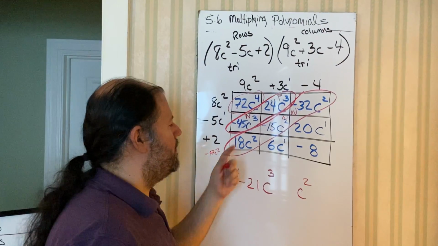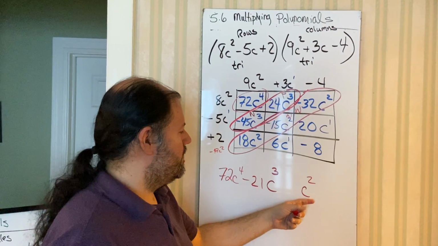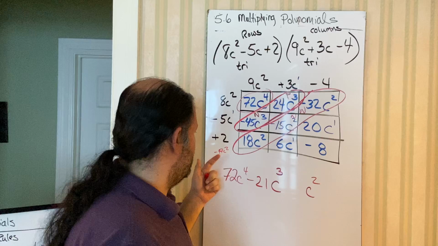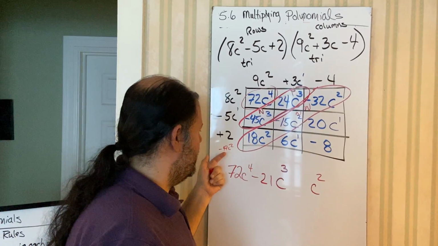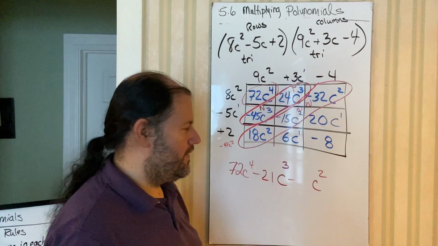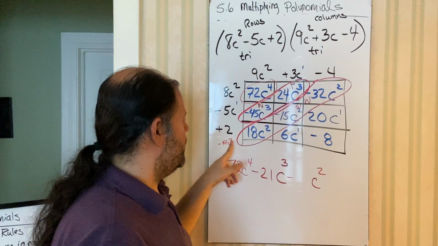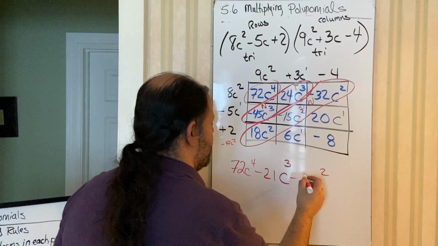But we still have to combine it with a positive 18c squared. So notice it stays c squared. Who's going to win? Negative or team positive? 47 is going to definitely win, so that's team negative. And then the difference between this and this, we're going to get 29.